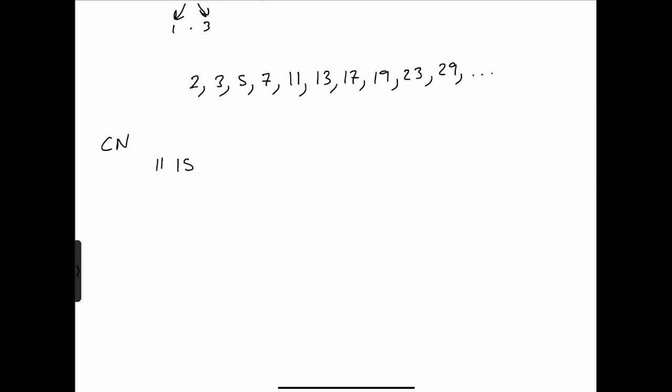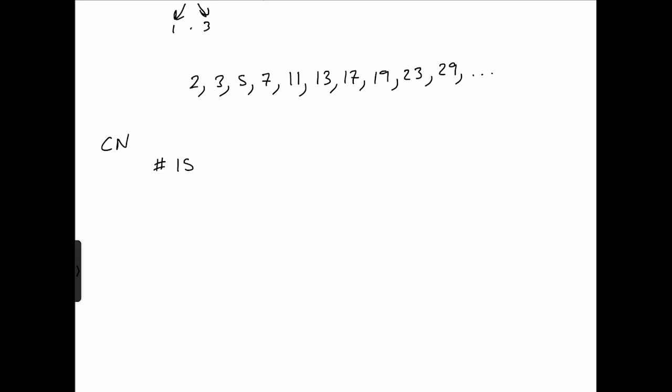The number 15 can be written as 1 times 15, but we can see that 15 can also be written as 3 times 5. So 15 first of all is greater than 1.